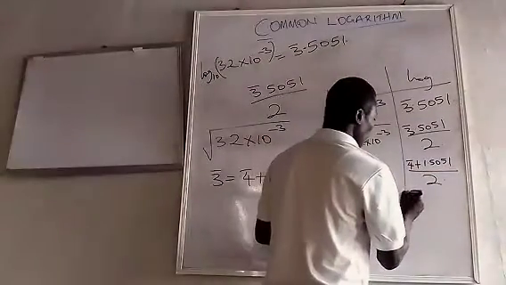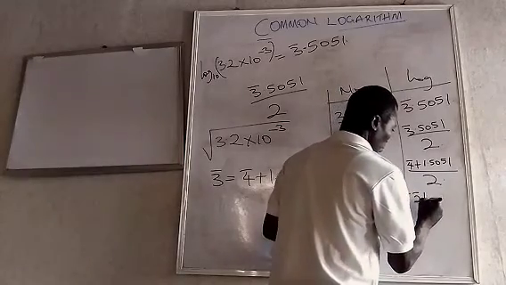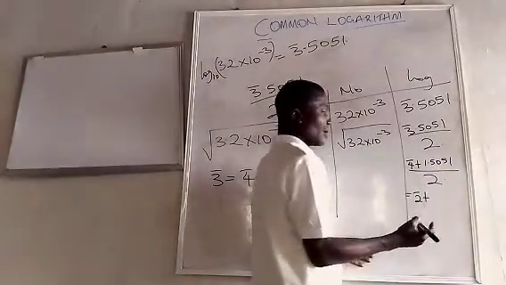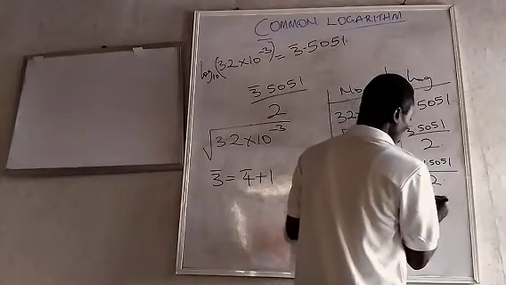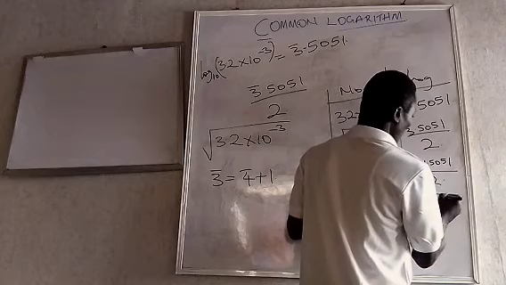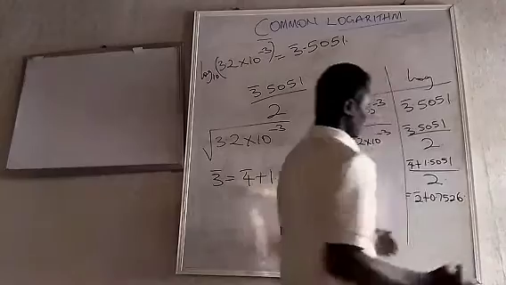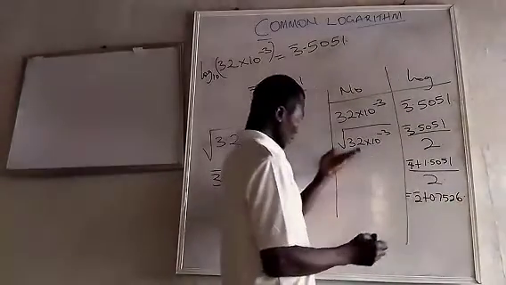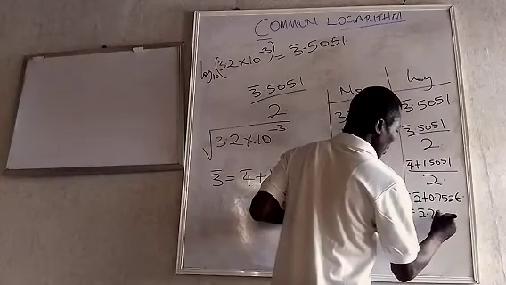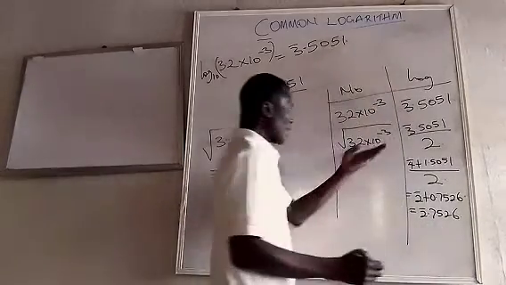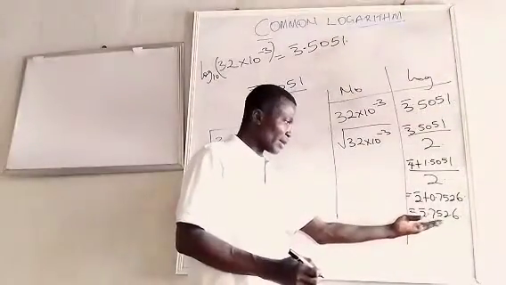Now this one will be equal to bar 2 plus 0.7526. That is the log of this number, so bar 2.7526. To find this one now, we will find the antilog of this.